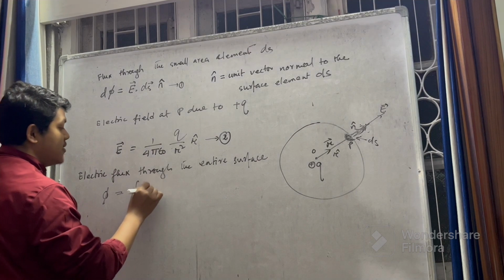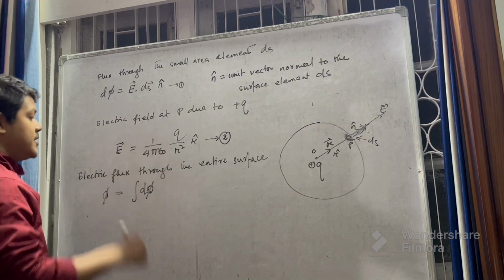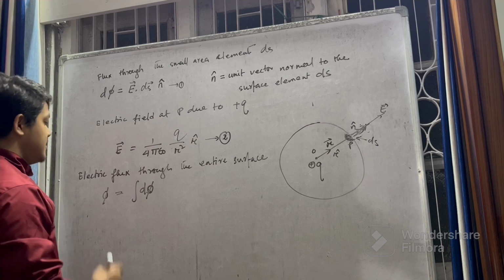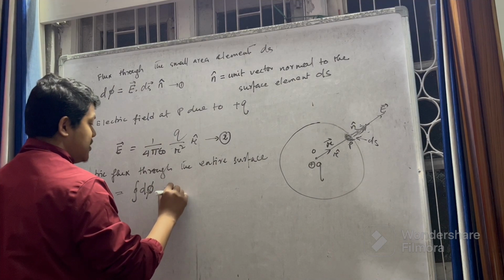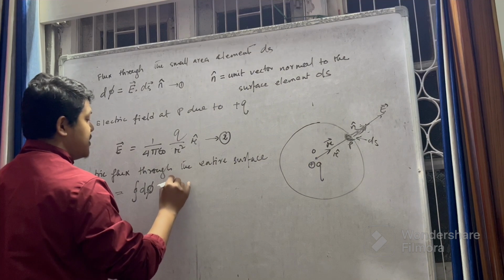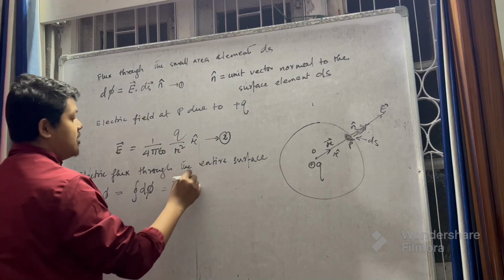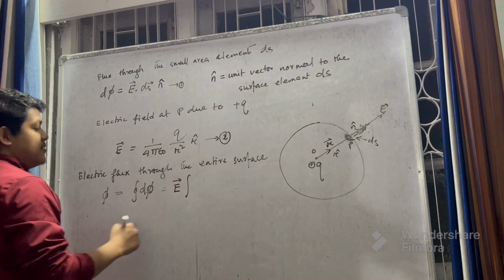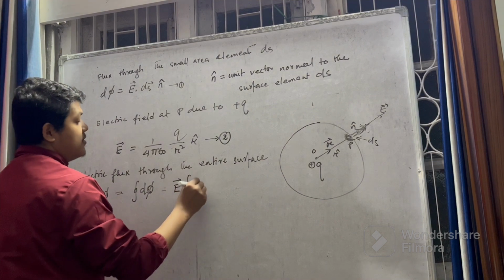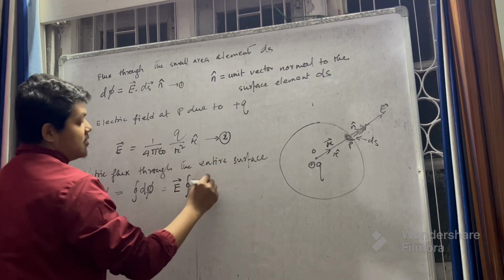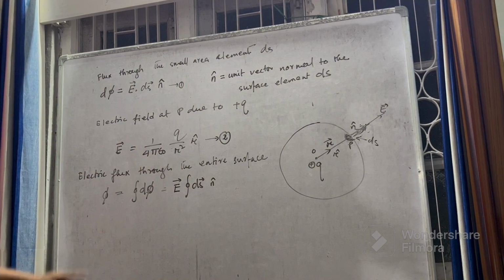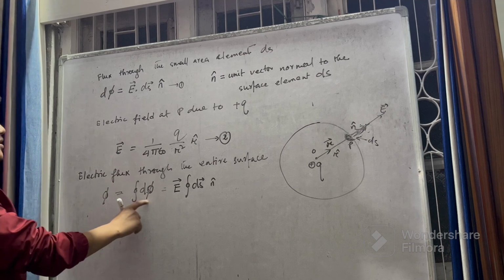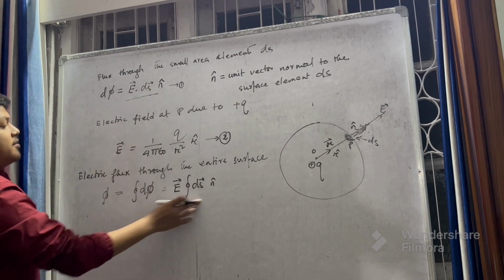If you integrate over this entire surface, then you will get this, right? As we are taking Gaussian surface, E is constant, it can be written outside the integral, integration ds n cap. D phi is equal to this one, so we have used that one here.